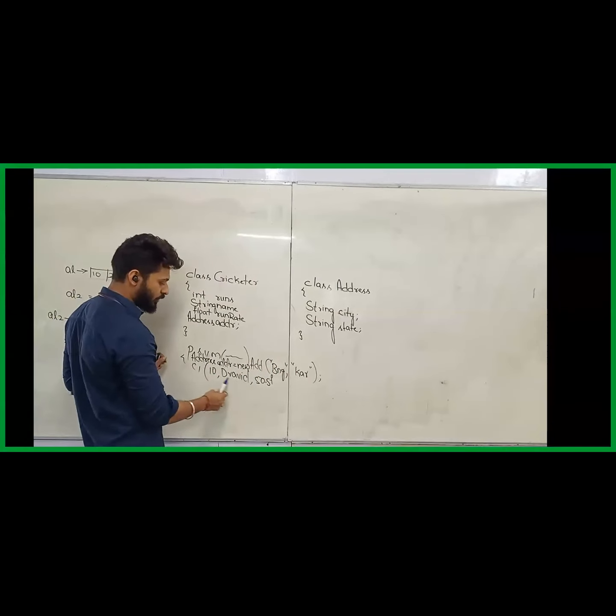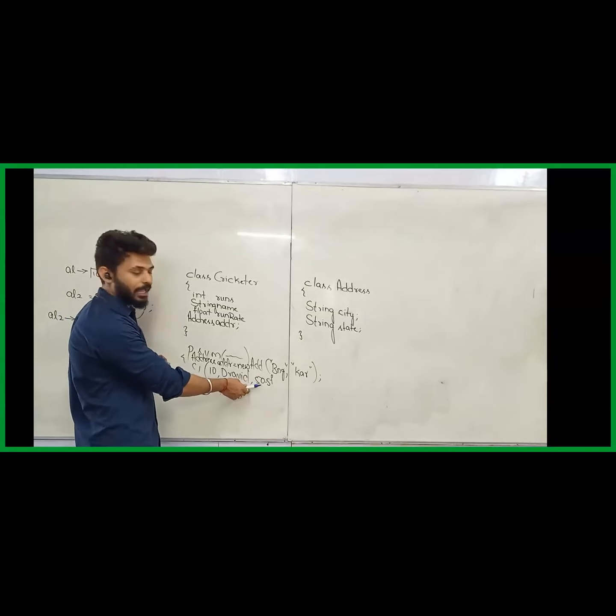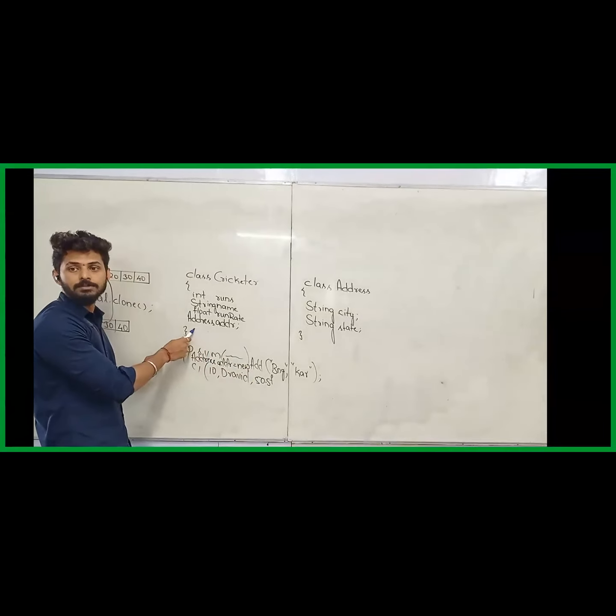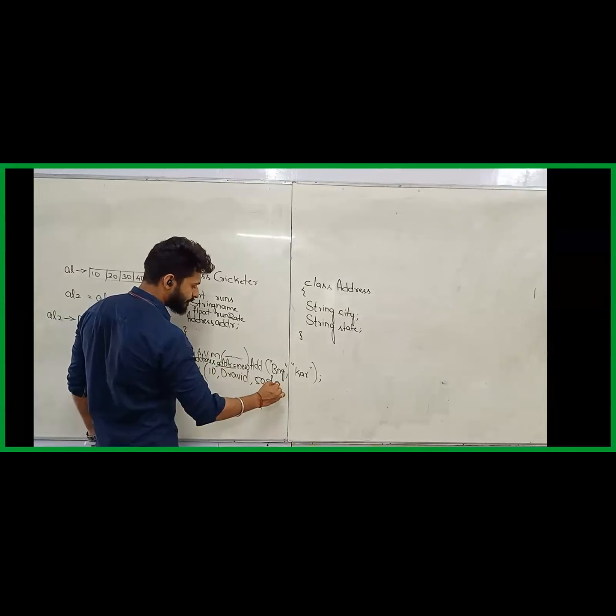Here what else I should do? 10 I'll pass, Dravid I'll pass, 50.5 I'll pass. Along with that, the constructor will be expecting one more parameter, which is the Address type. So I'll pass which address? This one.